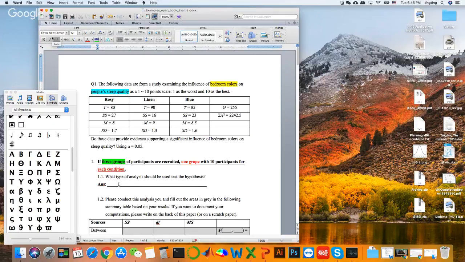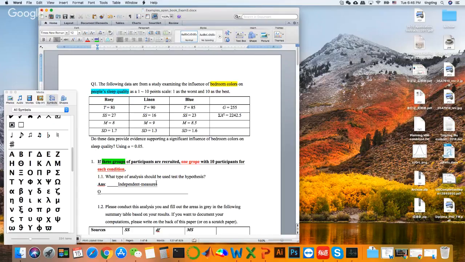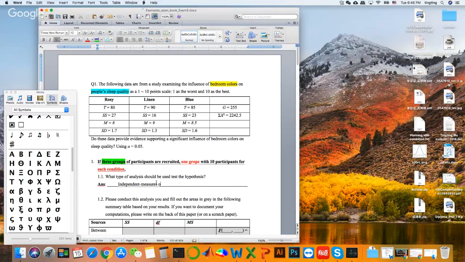independent measures, and then we said it's a one-way ANOVA because we have just one factor.